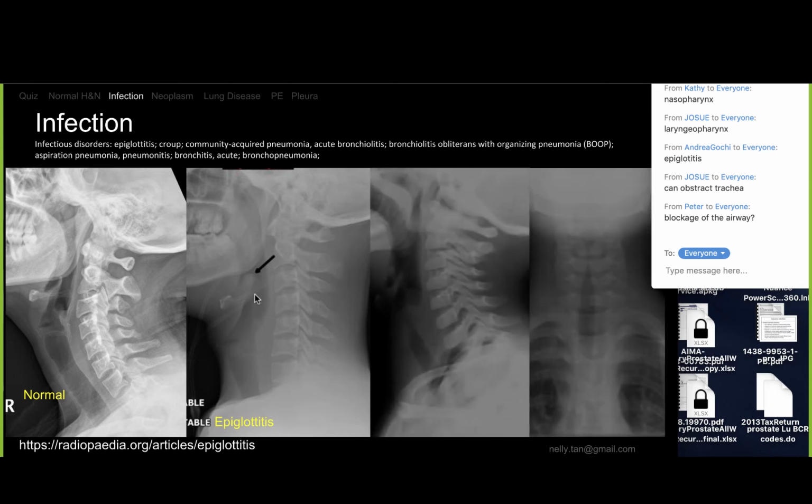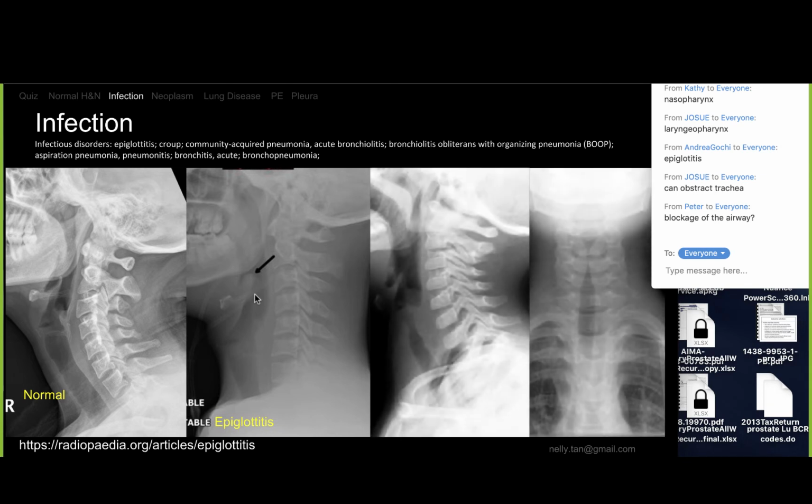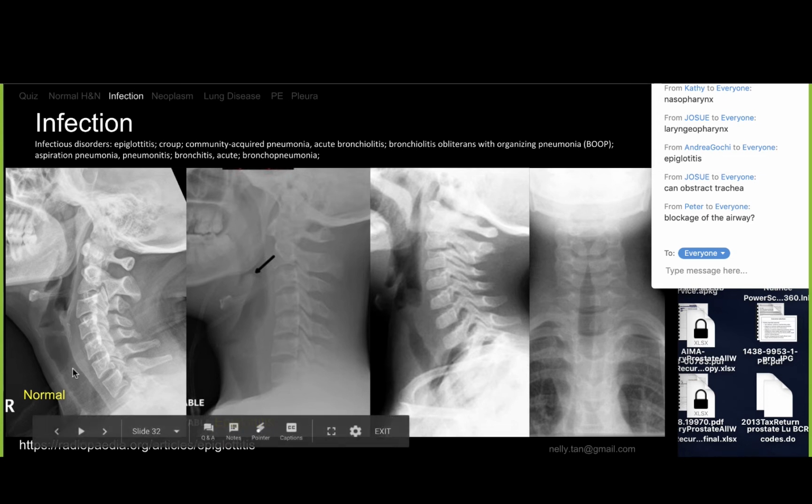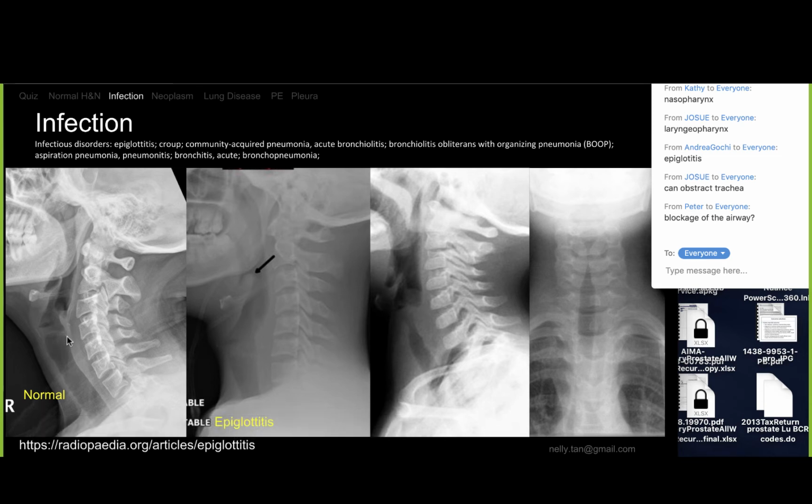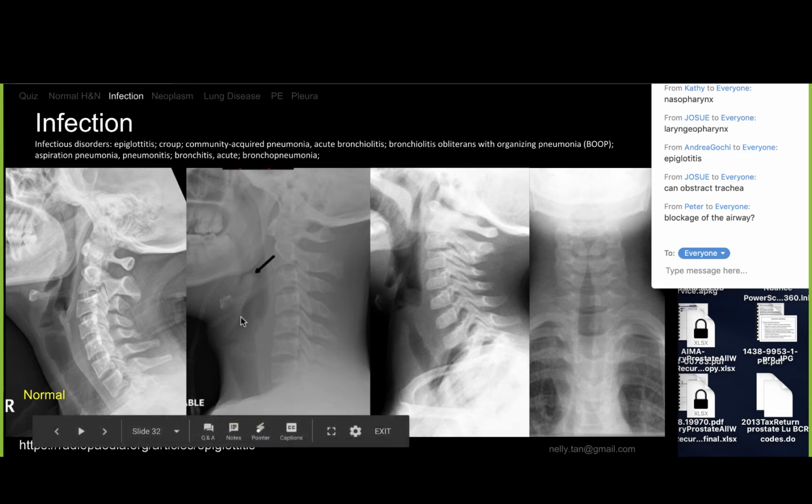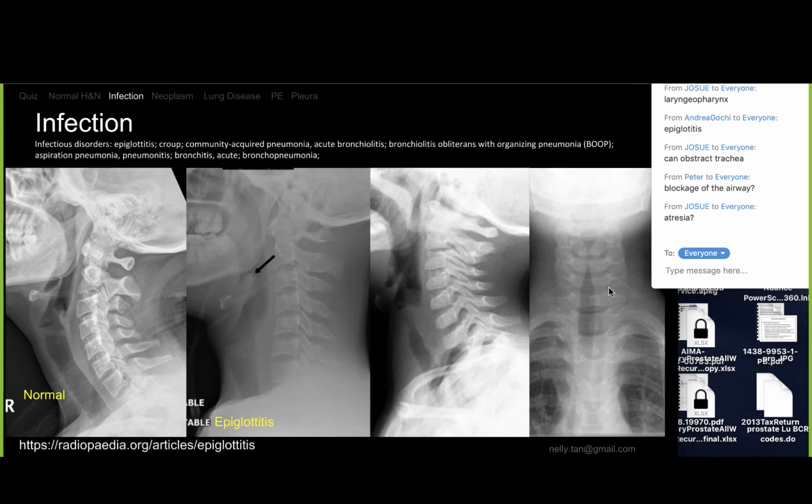Good. In contrast, what do we see here? We said this is the trachea, right, the larynx, and it's a nice wide caliber airway. And here, what do we see in these two images? Normal-looking larynx, abnormal, atresia, steeple sign, okay.